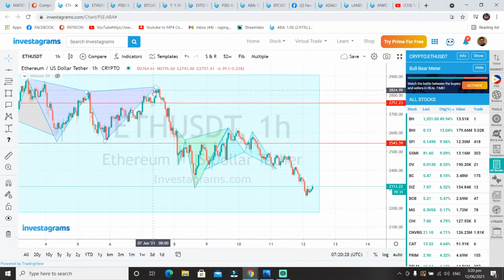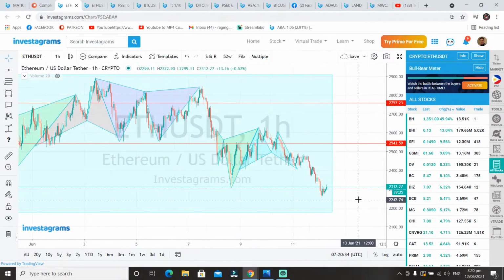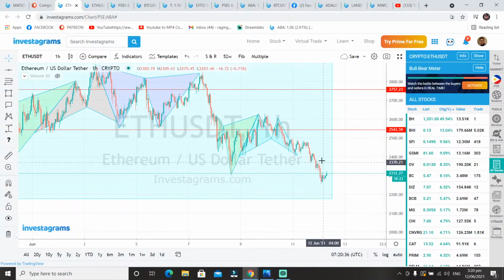Because I checked that if we use this 1, 2, 3, then it could move further low. So since our bias is still for bearish movement, I think that's enough for us for one trade plan for a long trade.